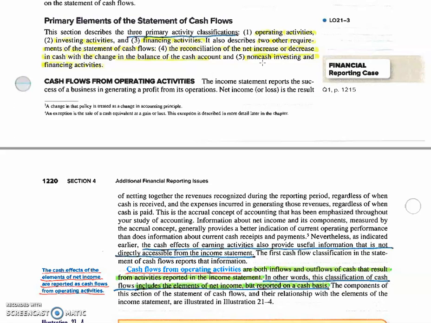Now, another stupid thing that the FASB has done is creating, in my opinion, this category of non-cash investing and financing activities. If you will remember, I've told you earlier in the semester that in accounting, the concept of substance over form is really important. And what that means is we account for the substance of a transaction, not the form of the transaction.